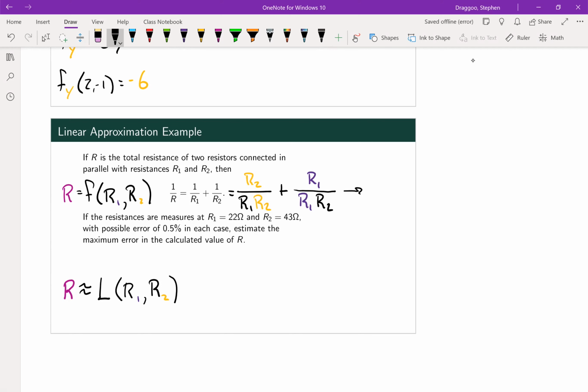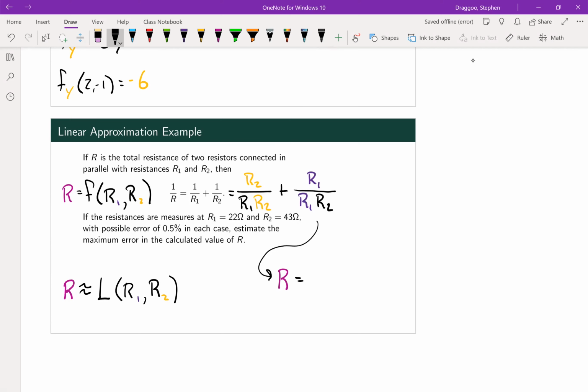that I can get the equation, and let's actually write it down here. The equation for R, the total resistance, is equal to the reciprocal of that thing. So I've got R2 plus R1 over R1 times R2.